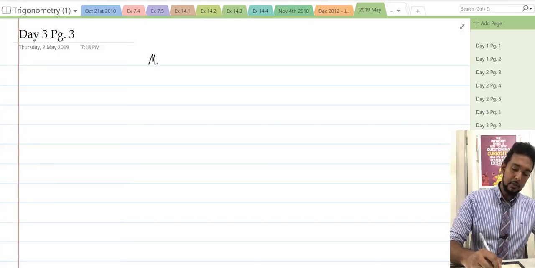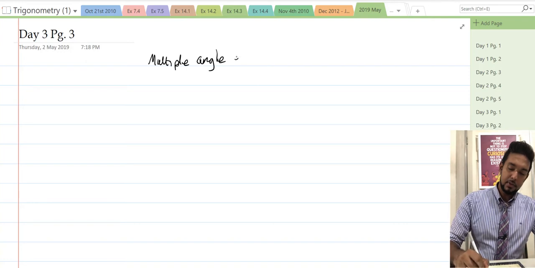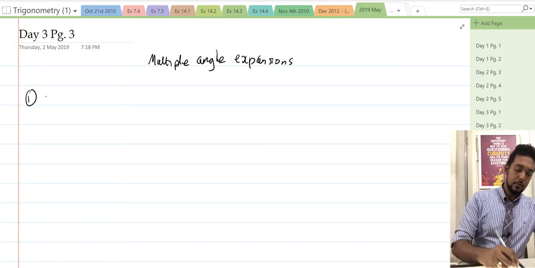These are the multiple angle expansions. You could call them double angle expansions, because usually we use 2A or 2B. So first up we have sine of 2A.